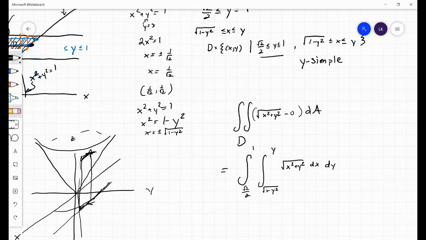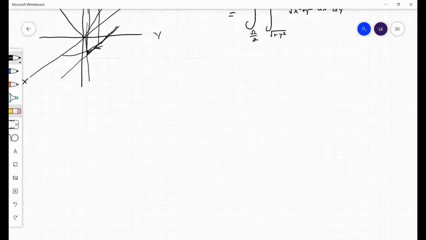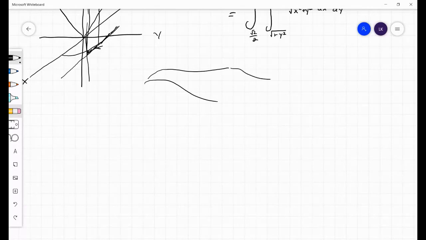Now, I really don't want to integrate this. So what's the other thing that you talked about in class? So if you have a surface, let's say where z is positive, so z is a function of x and y, and we're looking at the graph of that, but we're going to assume z is positive.